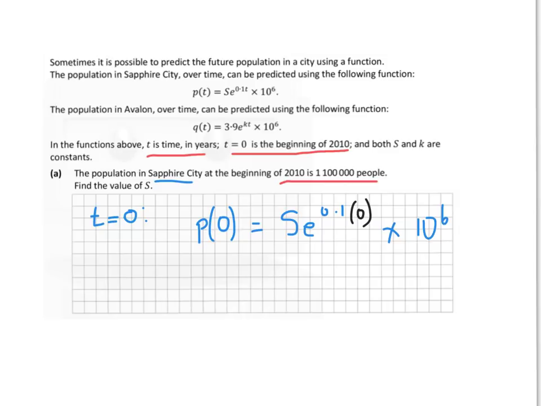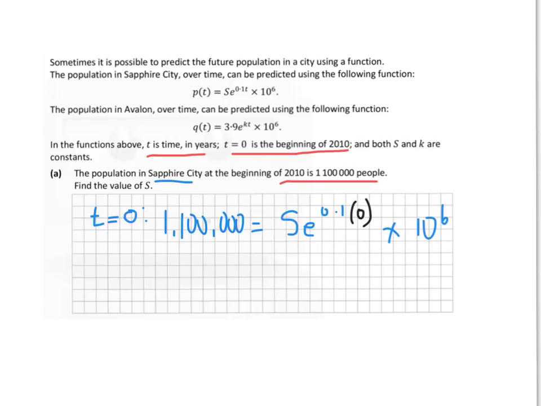And P of 0, I know that that is equal to 1.1 million, 1,100,000. Okay, and so that's all the information given to us in the question.